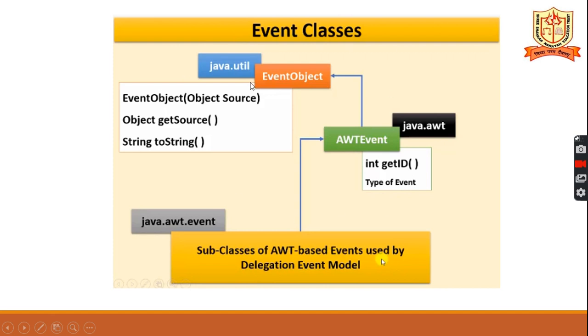See here, event classes. The parent-most class of the event classes is EventObject. This EventObject has two methods, getSource and toString.